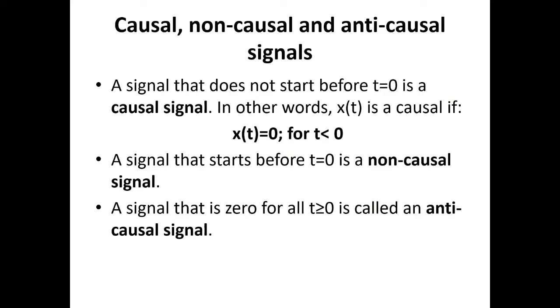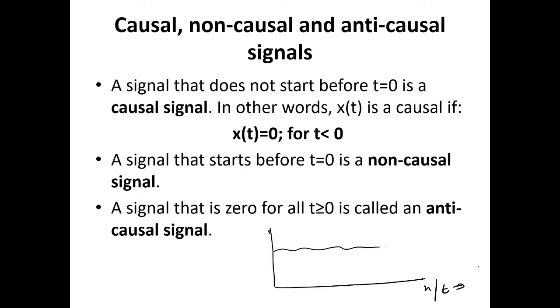Now, coming to causal, non-causal, and anti-causal signals. Before going into the mathematics, let's see what causal, non-causal, and anti-causal mean. Causal means any signal arising at t or n equal to 0 and moving on the right hand side.